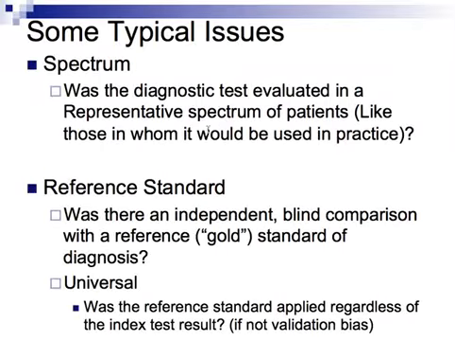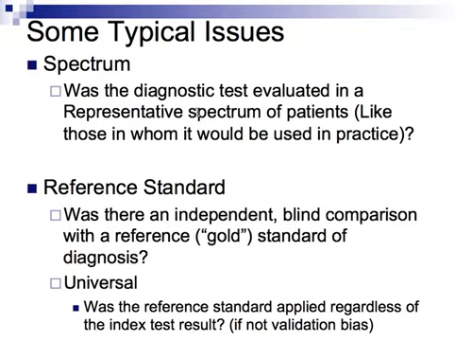So spectrum is one of those typical issues you face, and the way it's handled clinically is that we never really get a sense of how well a test will perform across all the different spectrums in one study. If a test is proven to be successful in one group, it's almost routine for that same test to then be applied in a different group of patients or a different practice setting, as a way of handling its success against different spectrums of patients.